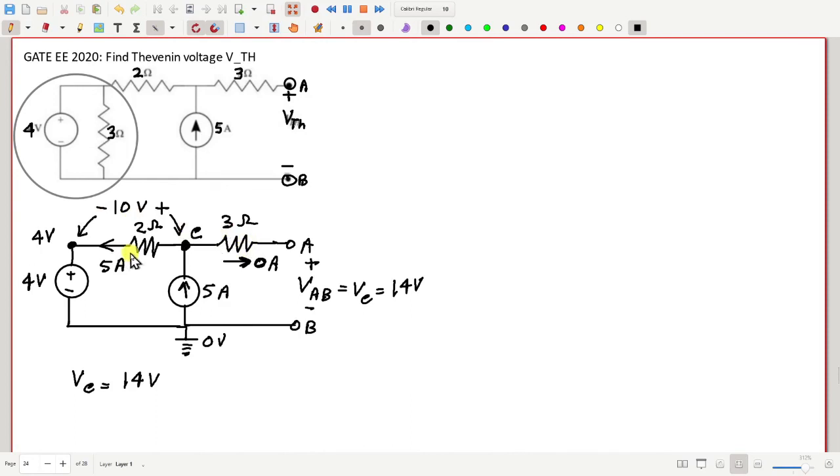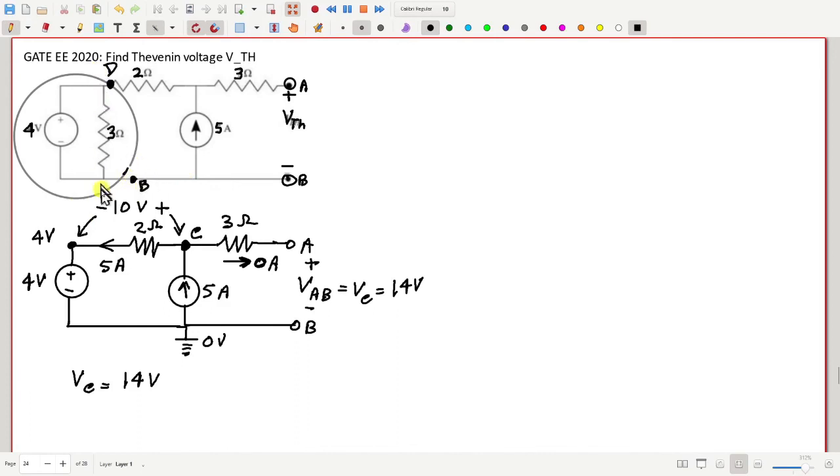No, sir, the one parallel to the 4-volt battery, I was asking about that. Oh yeah, this 3 ohm. This is a false one, doing nothing. Let me call this terminal D, and this is B here.